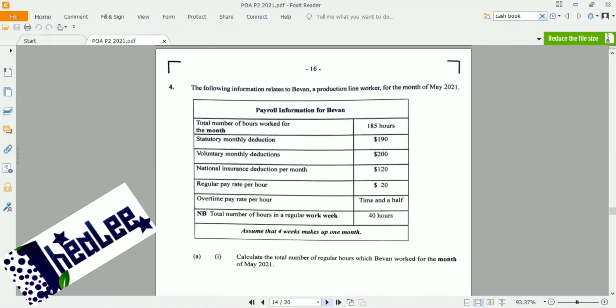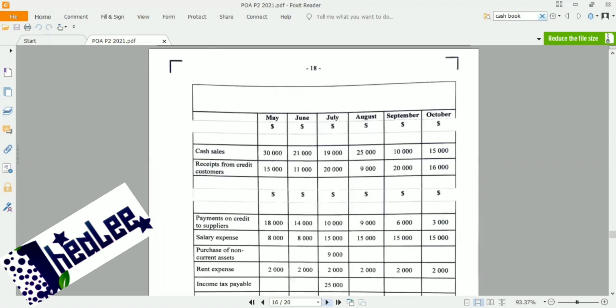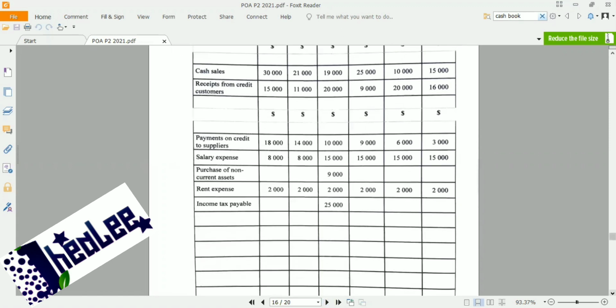Moving into question 4, you were tested on payroll for part A and B, and payroll is a part of accounting for the entrepreneur. And part C of that question tested you on the cash flow projections.